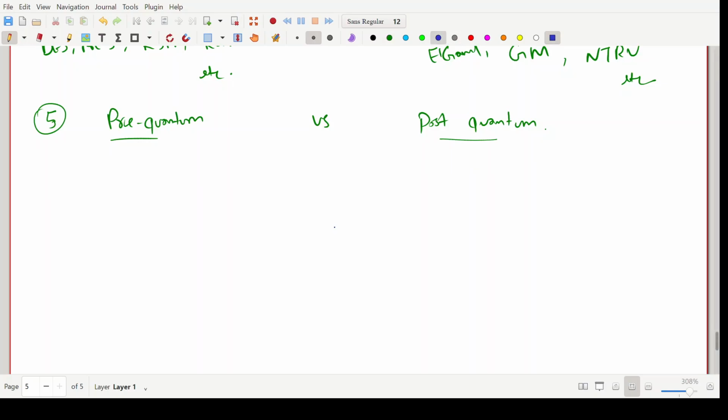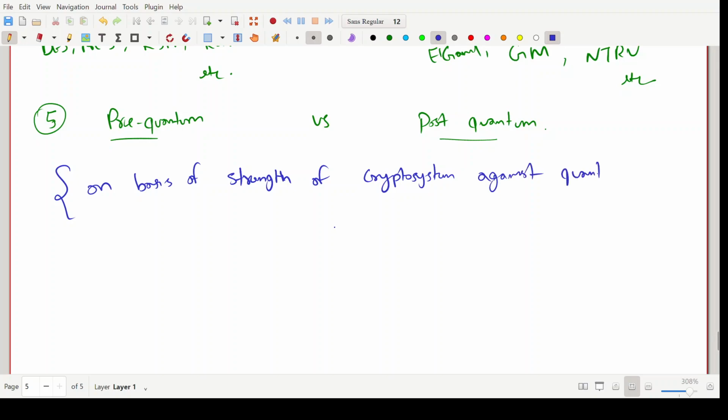See, this classification is on the basis of the strength of your crypto system against a quantum computer.